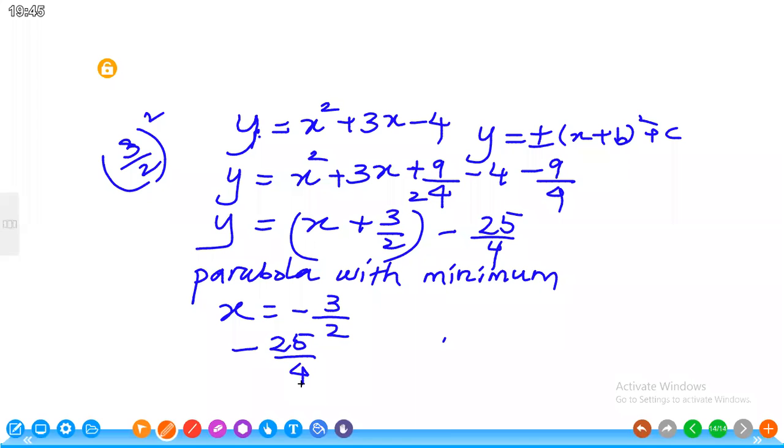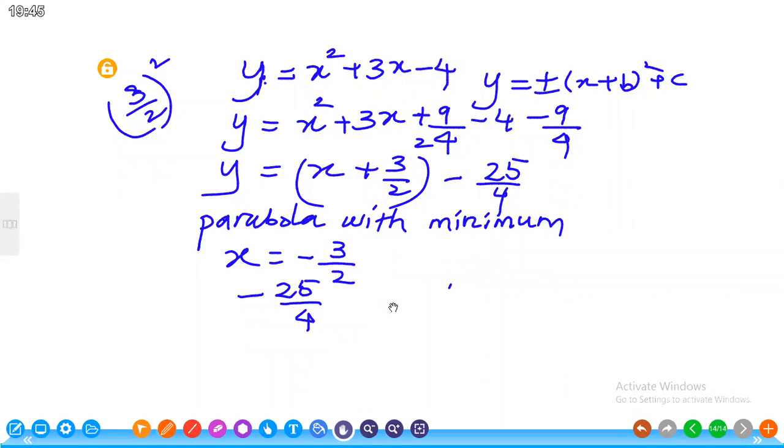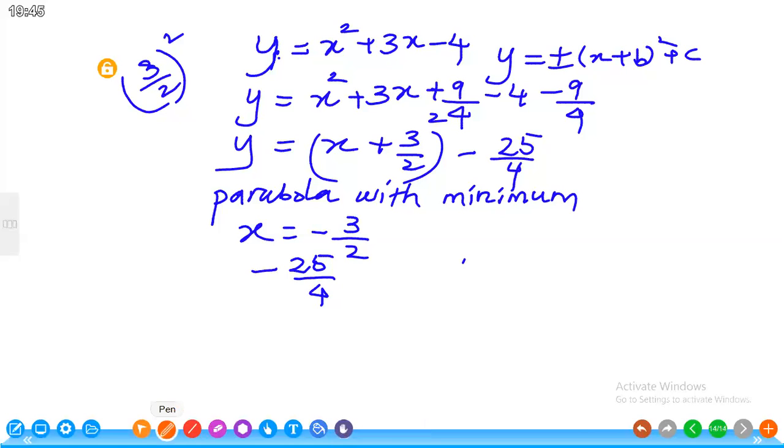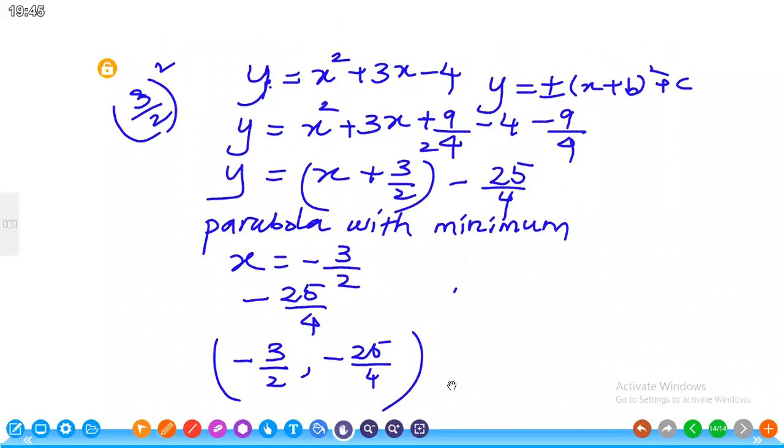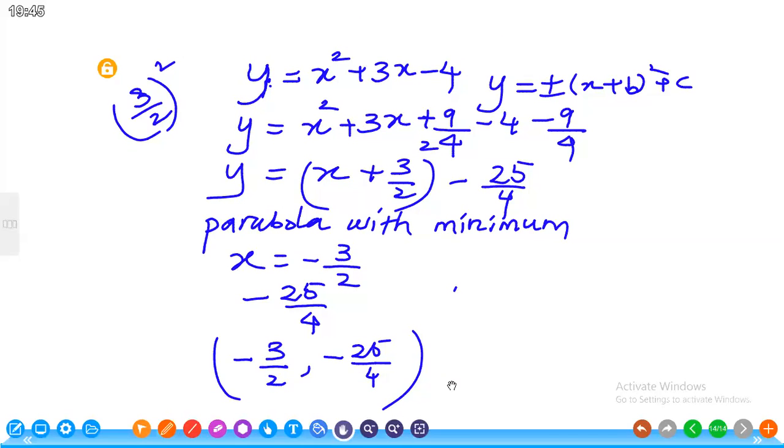Finally, write the coordinates of the turning point: negative 3 by 2, comma, negative 25 by 4. When the function is in this form, y is equal to x squared plus 3x minus 4, first convert into the form plus or minus (x plus b) whole squared plus c.